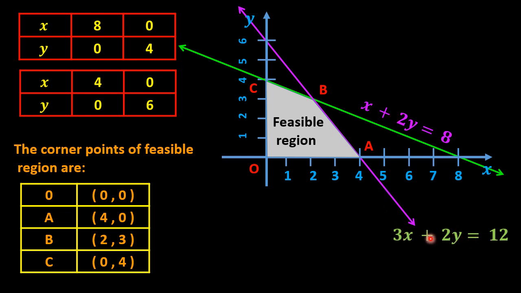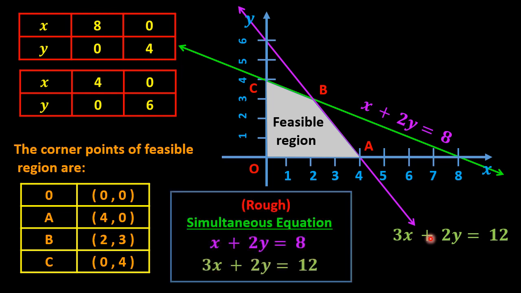So these two equations we have to solve either by the simultaneous method or by the substitution method, and then we find the values of x and y. You have already done this in class 10. After solving these two equations by the simultaneous method, we find the value of x is 2 and y is 3. So you try this by yourself. And the coordinate of the fourth point C here is 0, 4.